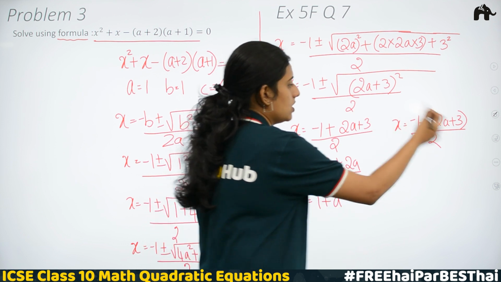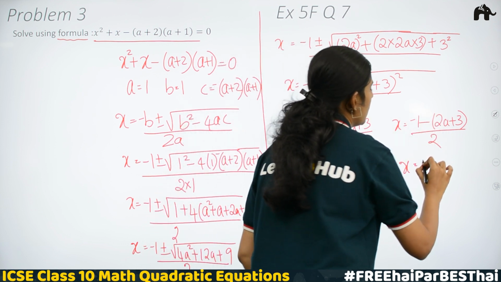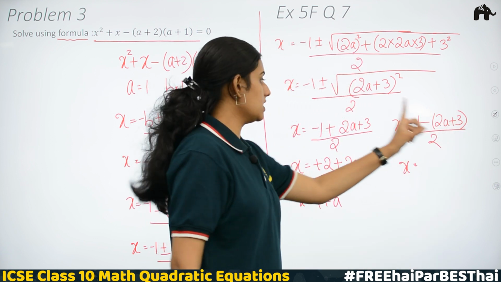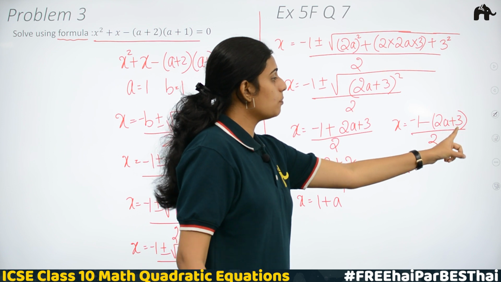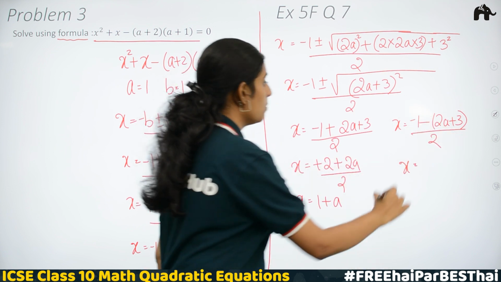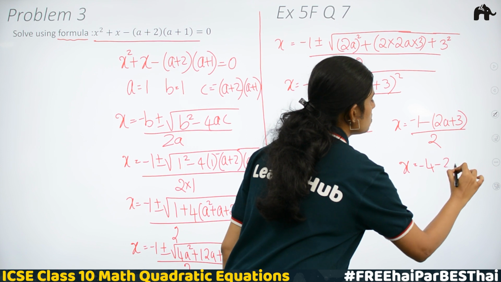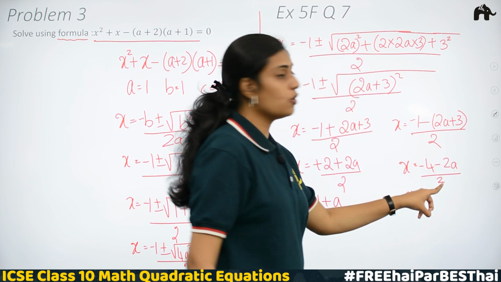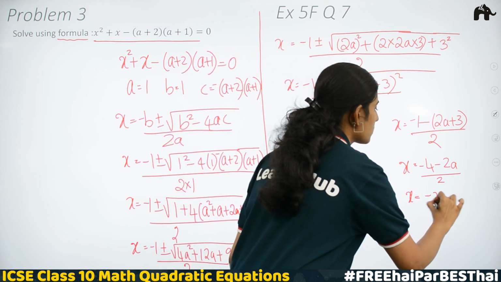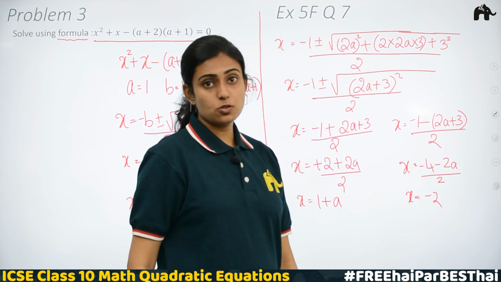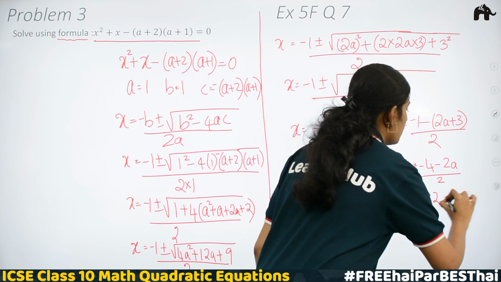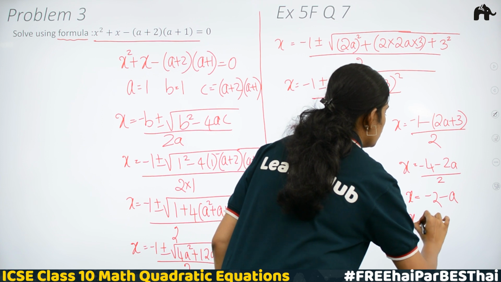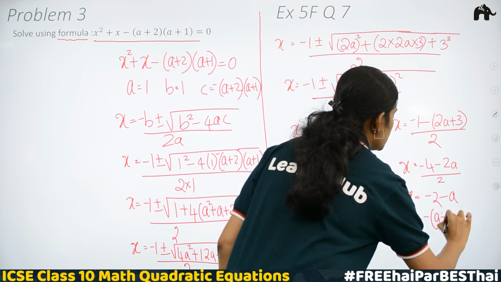1 plus a. Now the second part, x is equal to minus 1 minus 3. Minus of plus 3 is minus 3. Minus 1 minus 3 is minus 4. Minus 4 minus 2a divided by 2. That is x is equal to minus 4 by 2 is minus 2, minus 2a by 2 is minus a. Okay, that is x is equal to minus of (a plus 2).